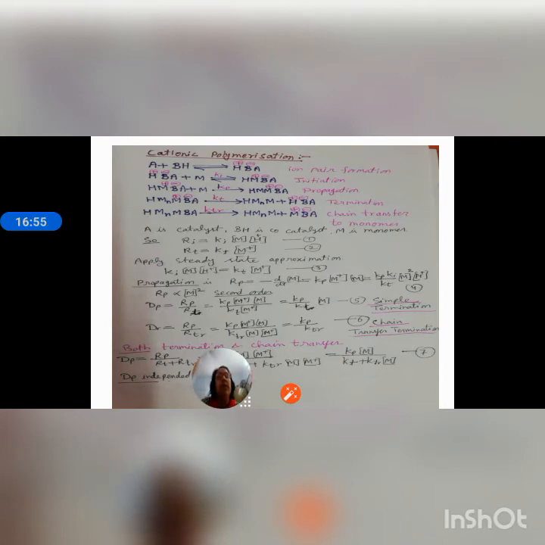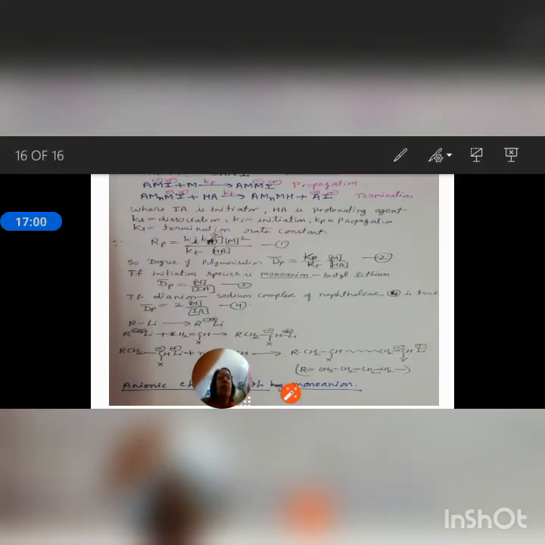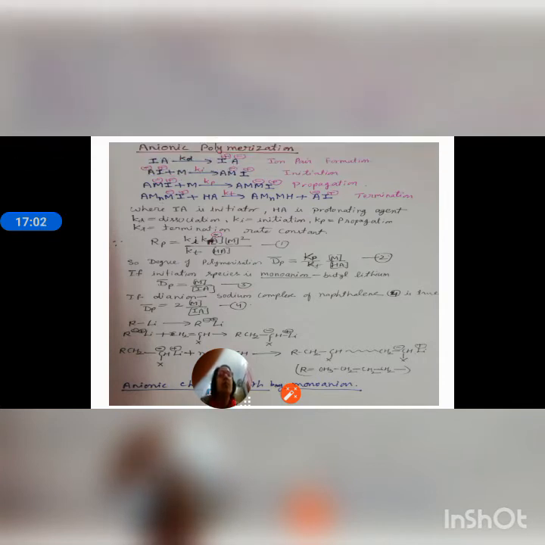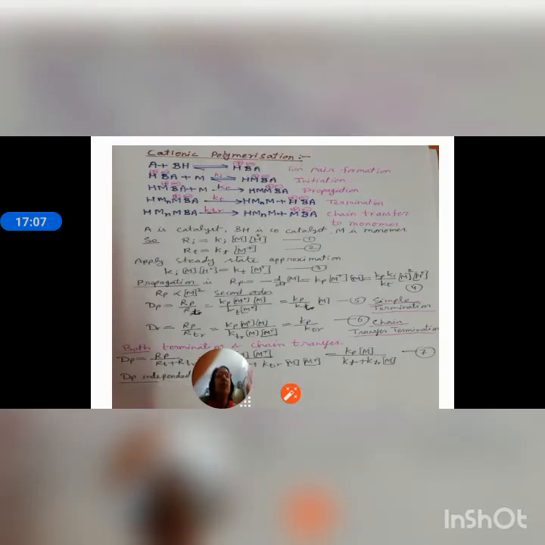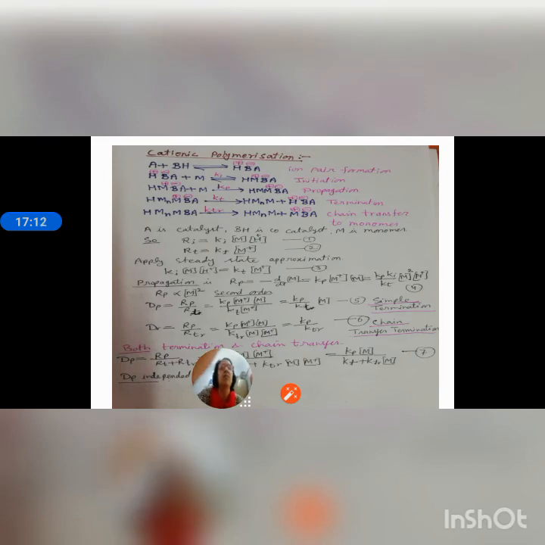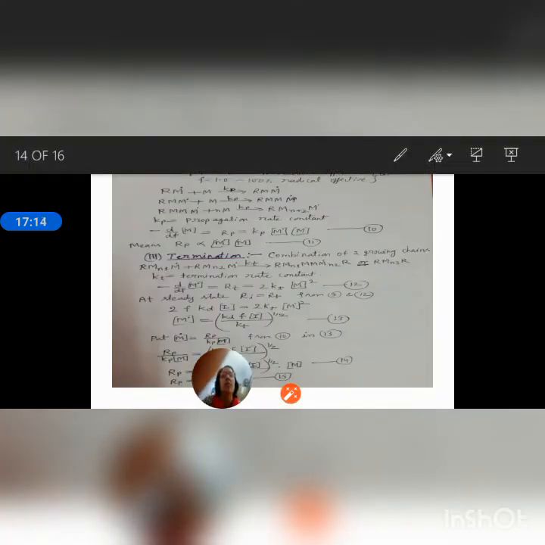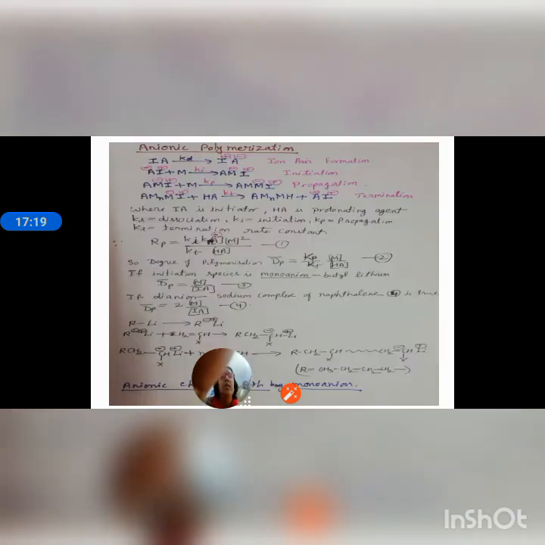In the second step, the ion pair formed combines with monomer and forms AMBH.